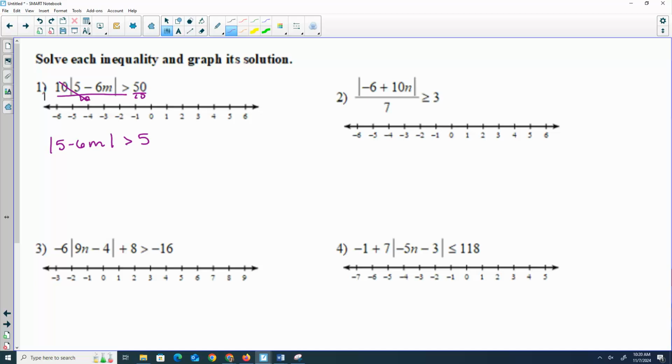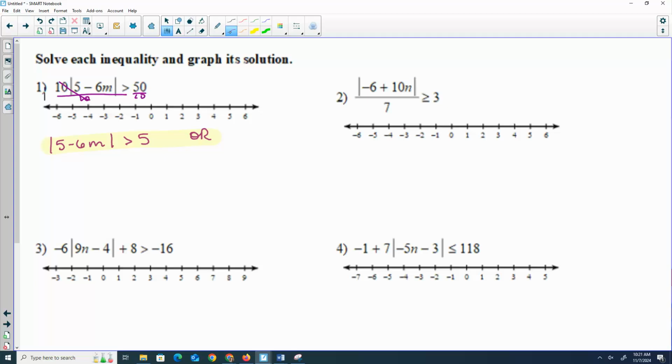It's important to write this step where the absolute value is by itself, for two reasons. First of all, we know that this is a 5. That's important. Second of all, we have to decide, is this an and or an or? Or. So get the absolute value by itself. Don't try to skip this line.